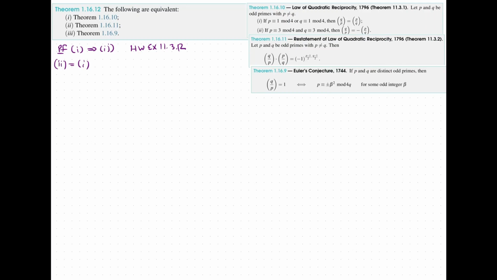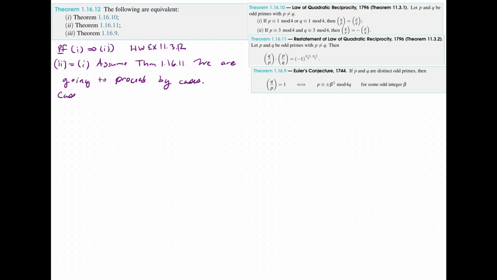For 2 implies 1, we're going to assume Theorem 116.11, and we're going to proceed by cases, namely the cases corresponding to Theorem 116.10.